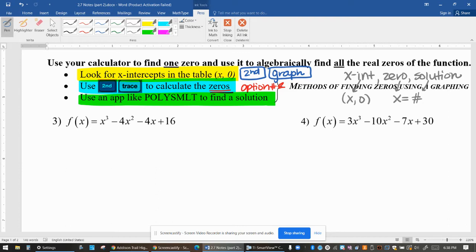I'll show you all the different ways, and then from there you can pick which one is your favorite. Okay, so right now you should be typing in your f of x equation for number 3, x cubed minus 4x squared minus 4x plus 16, into your graphing calculator.